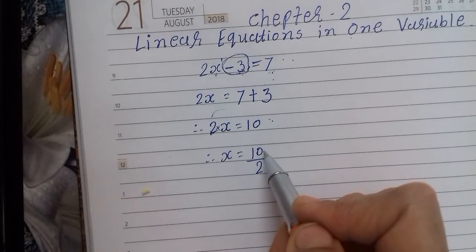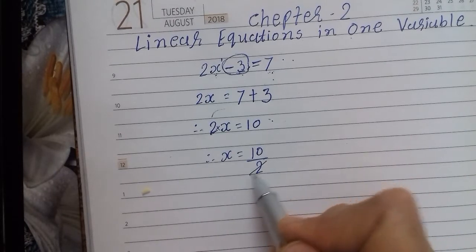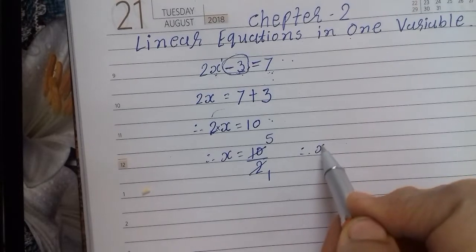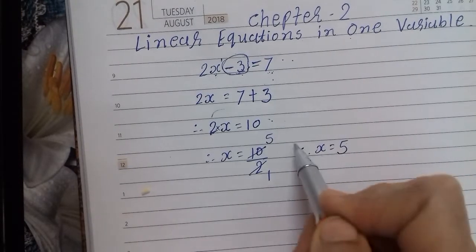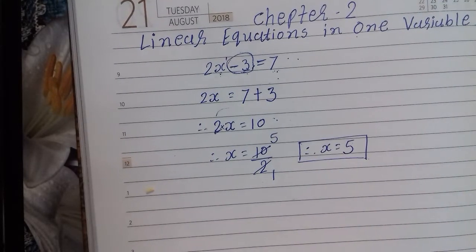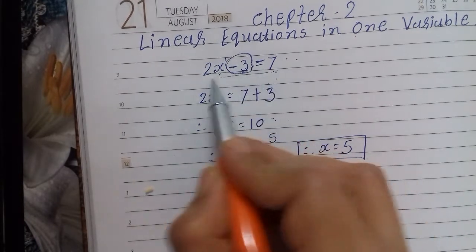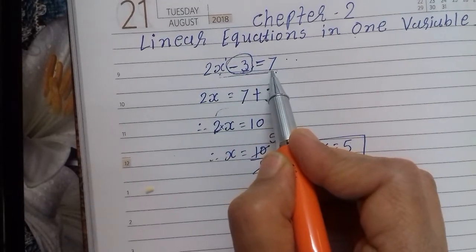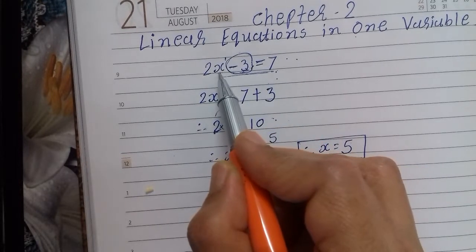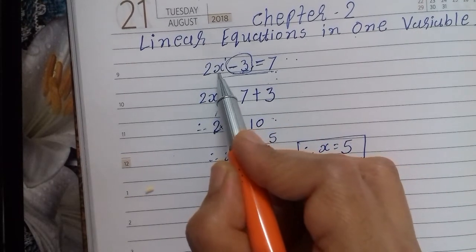So x is equal to 10 divided by 2. 2 ones are 2, 2 fives are 10. Therefore the value of x is equal to 5. This happens to be true only for the value of x equal to 5.